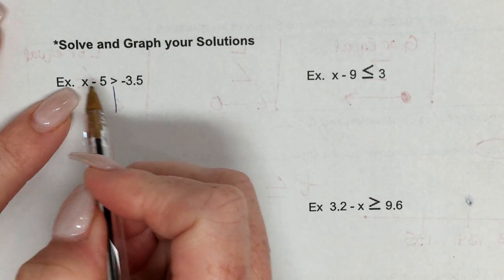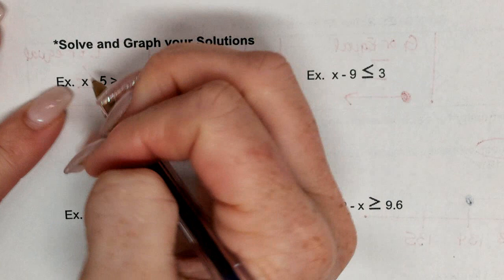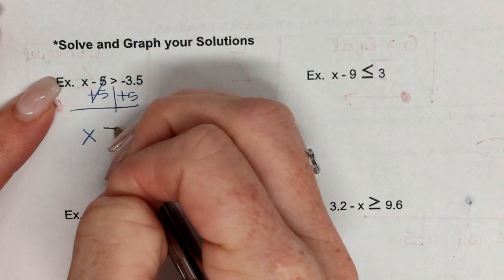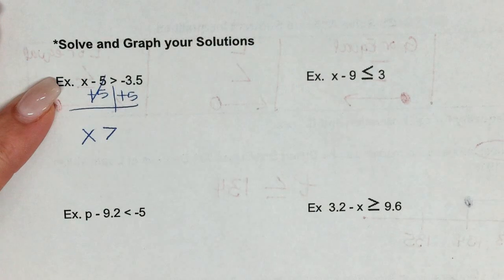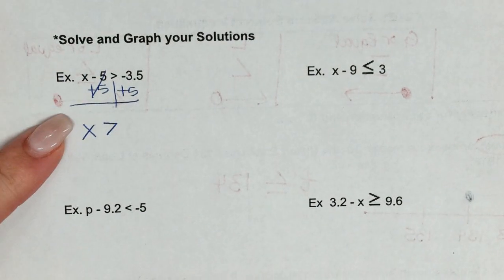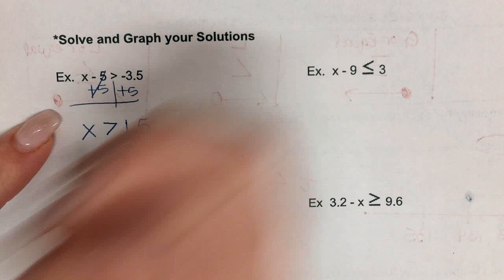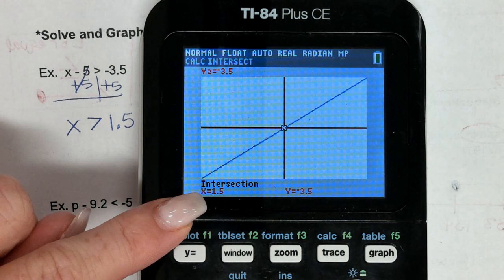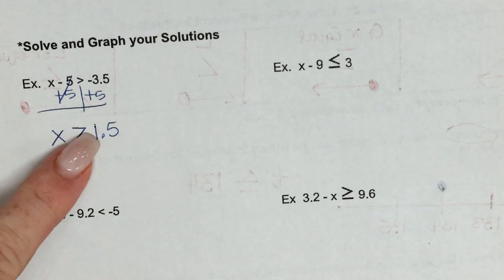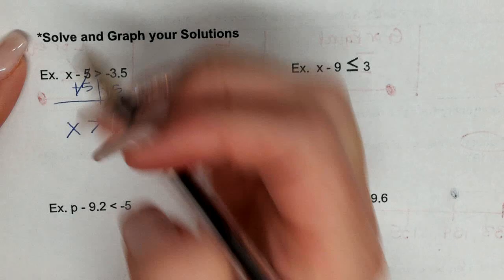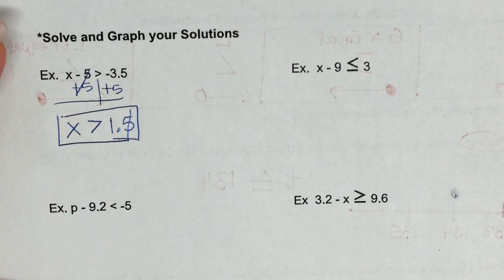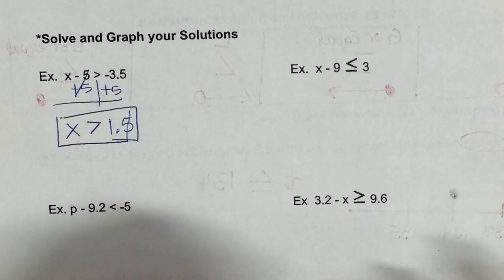How do I get rid of a minus 5? Plus 5. So I have x is greater than negative 3.5 plus 5, which is 1.5. Is that what my calculator gave me? Yes, but is it going to give me this sign? No, because the 5 has a bigger value.